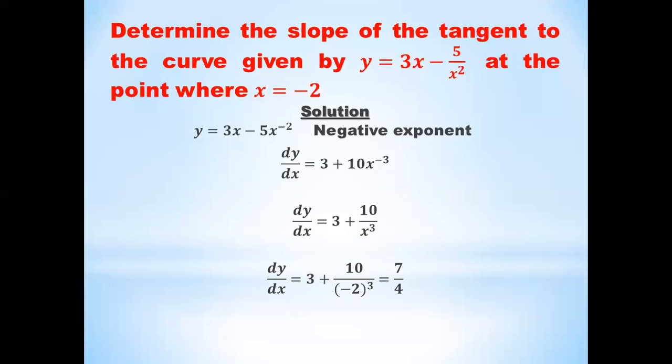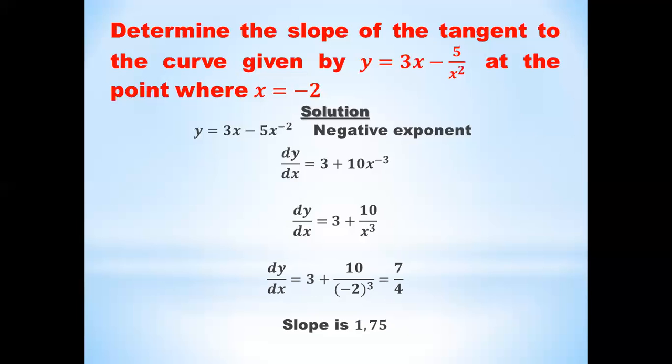So what must we do here? We need to say, okay, if we know the derivative, when we substitute x into the derivative, we'll get the numerical value. Remember, 3 plus 10 over x cubed is a gradient in terms of x because there is still x there. So now we have to substitute the x value of the point of contact into it so that we can get a result, which is now the numerical value of the gradient.